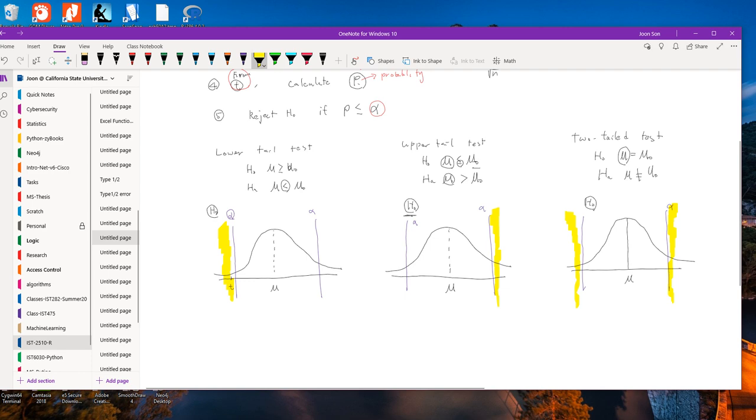Now the p-value, represented graphically: in the lower tail case, the p-value is the probability, the area underneath, starting from the t.